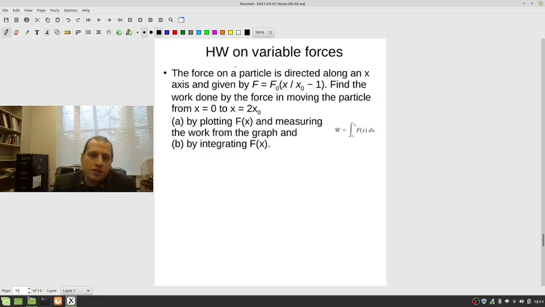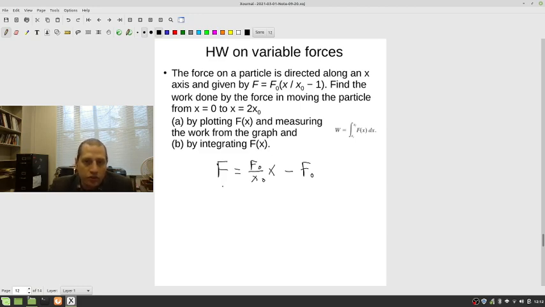This one says, you've got the force on a particle directed along the x-axis, and it's given by this expression. So I'm going to write that out. F equals F naught over x naught times x minus F naught.